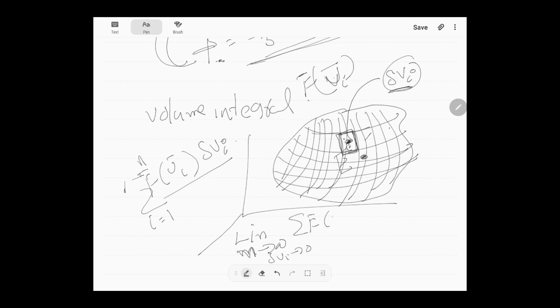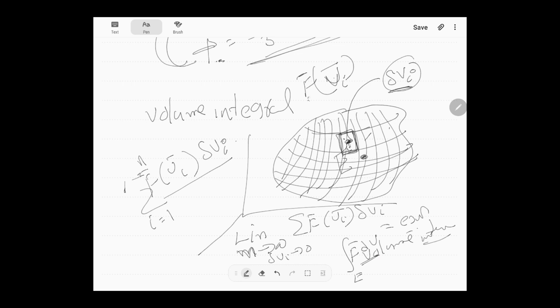This sum of f bar of ui bar into delta Vi, if this limit exists, we call it the volume integral. This is actually the definition, and we represent it with the symbol integral over E of f bar dv.